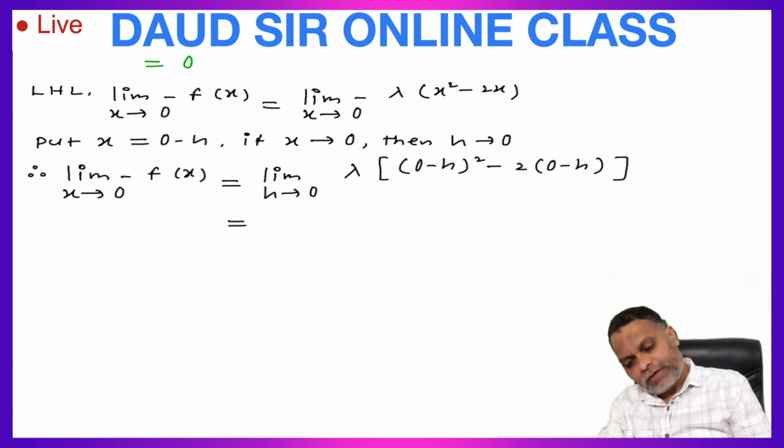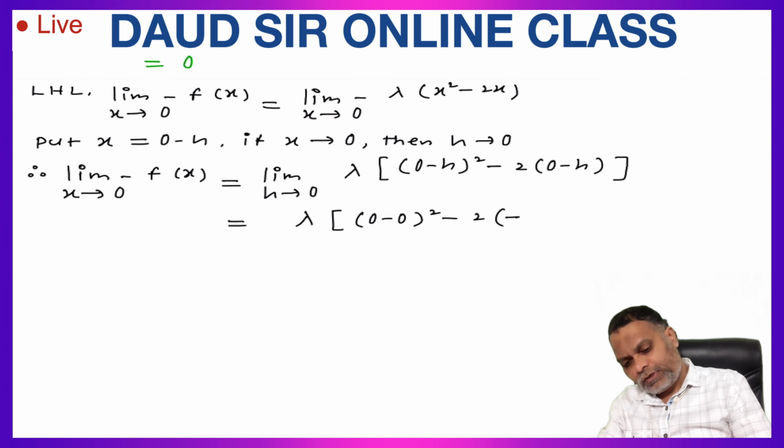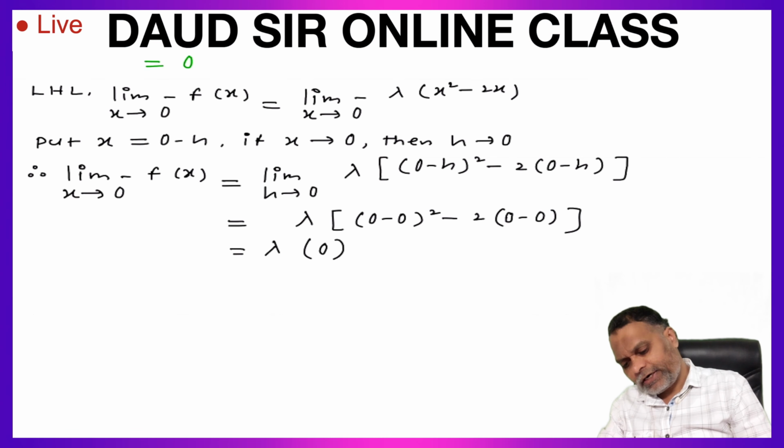Substitute h is equal to 0: lambda into (0 minus 0) whole square minus 2 into (0 minus 0). So this is lambda into the bracket total 0, lambda into 0, which is 0.